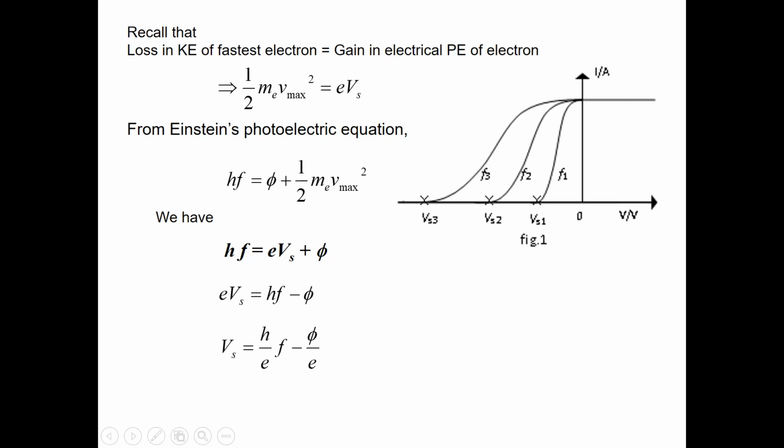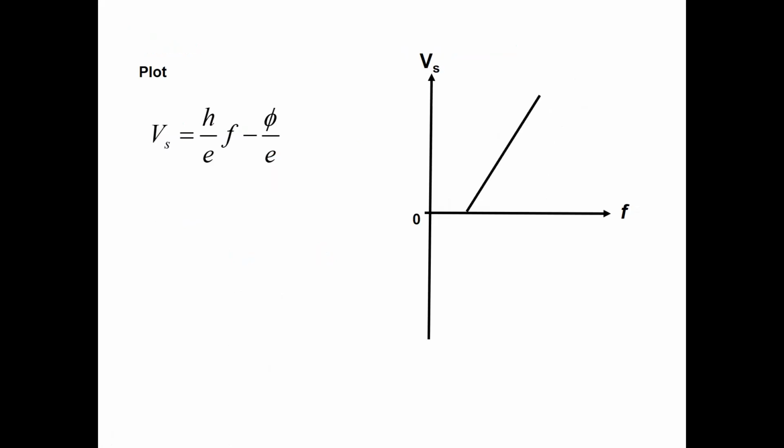Note that stopping potential is not your V at any V, it's one fixed V. It's your y-axis, your frequency is the x-axis, and the gradient is h over e. Work function over electron charge is the y-intercept. What do you get? You get this equation.